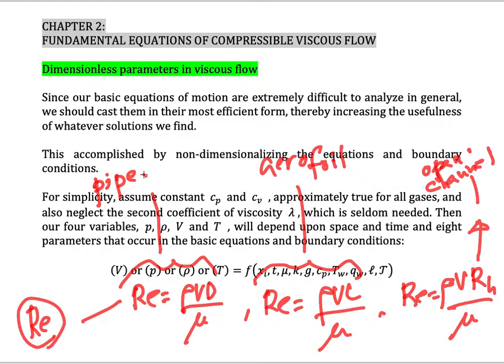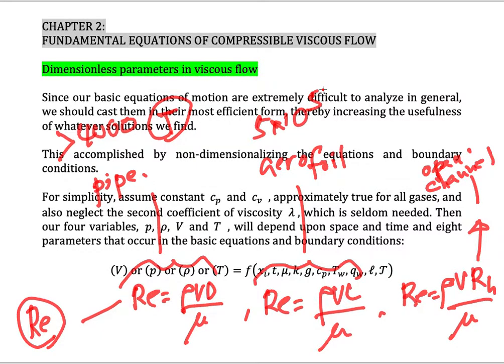For example, for flow in pipes, normally we use more than 4,000, so it is turbulent. And for aerofoil, if you use rho Vl over mu, the transition or the boundary between laminar and turbulent is 5 times 10 to the power of 5.